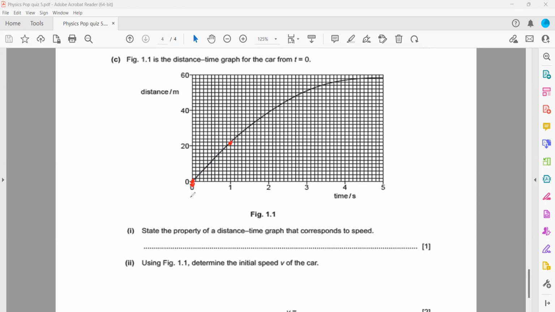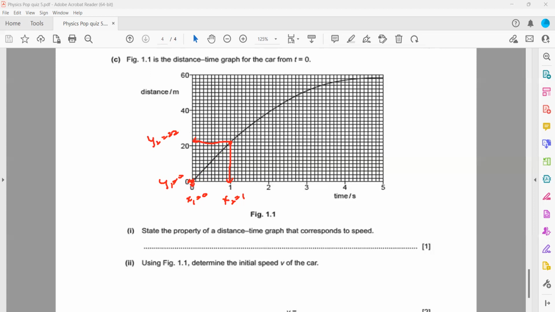The first point on the x-axis is x1, which is 0. Then x2 is equal to 1. Then y1 is 0, and for y2, each box, 10 boxes equals 20, so each box is 2. So y2 is equal to 22.